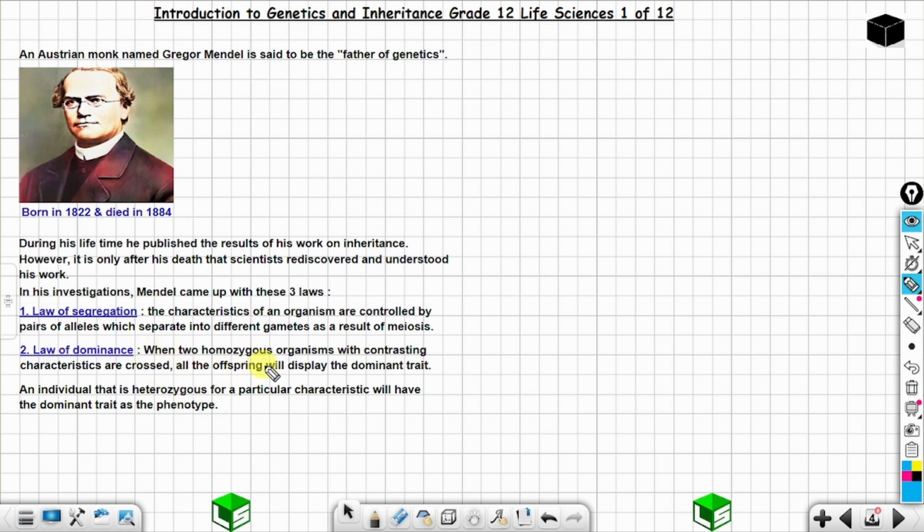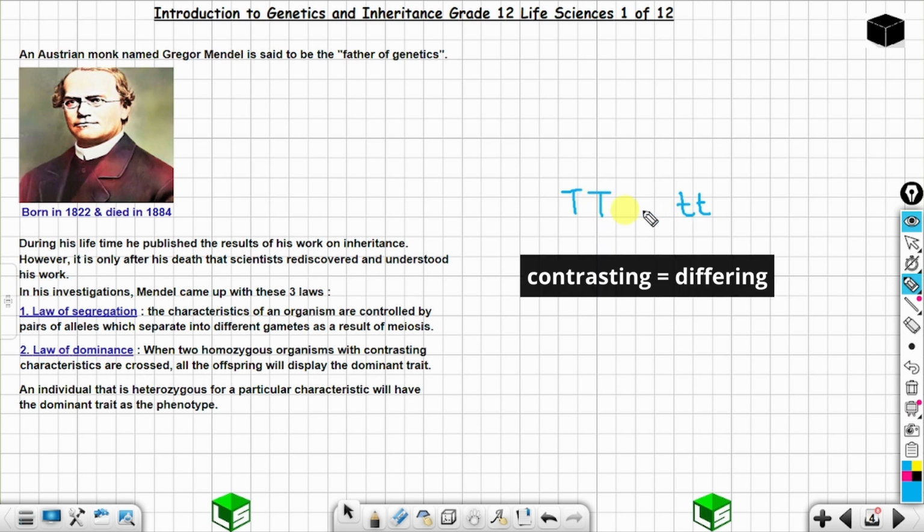When two homozygous organisms, for example, two organisms, they are all homozygous, meaning the same, uppercase T, and lowercase t, homozygous.